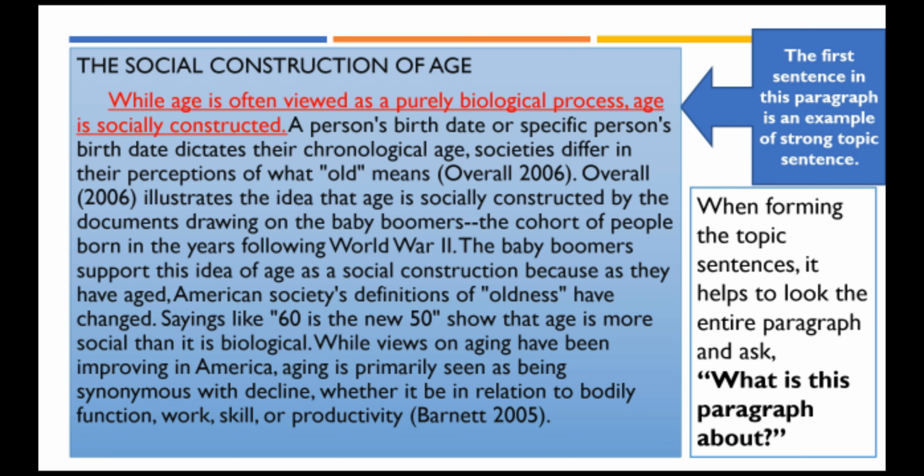While age is often viewed as a purely biological process, age is usually constructed. So that is an example of our strong topic sentence. When forming the topic sentence, it helps to look at the entire paragraph and ask, what is this paragraph about?